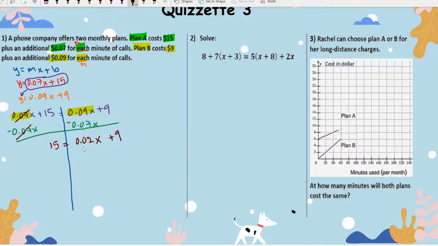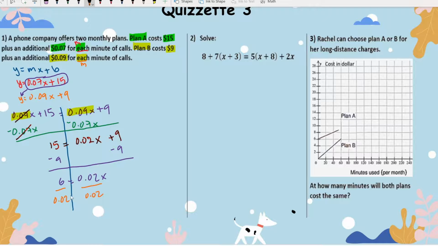That is 2 out of 100, so that's why we have 0.02. Continue solving for x. You're going to subtract 9 on both sides. That will give us 6 equals 0.02x. Then to continue solving for x, you divide by 0.02 on both sides.